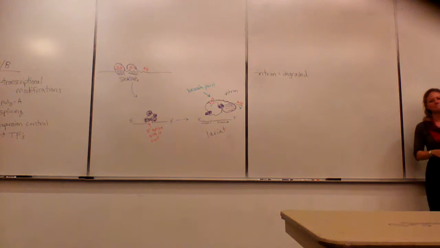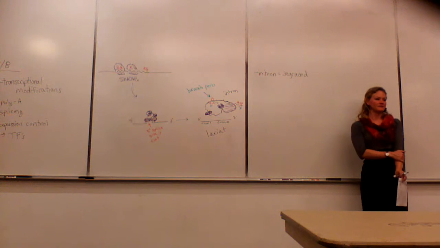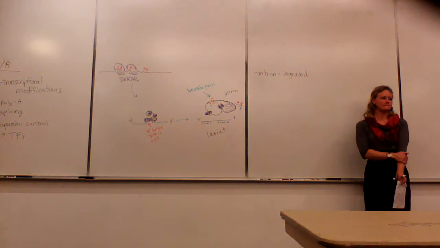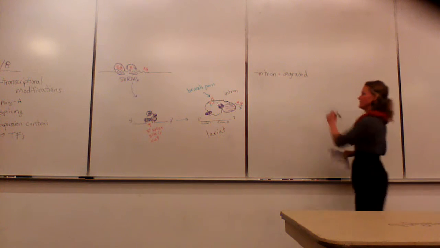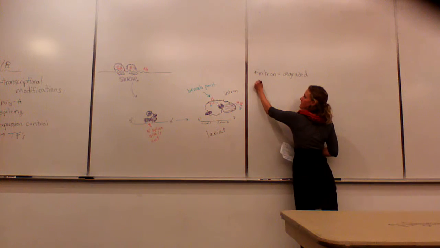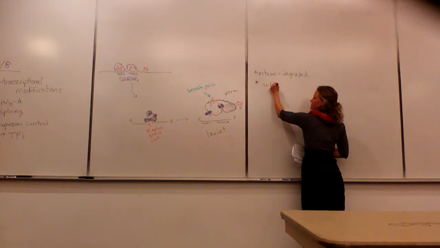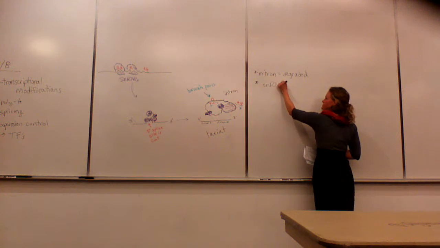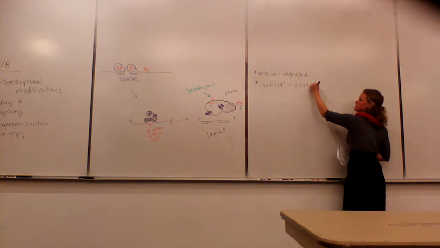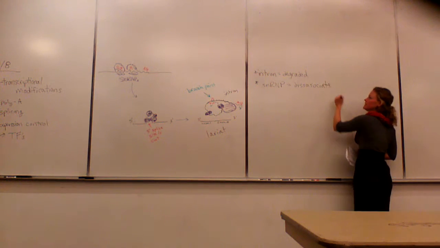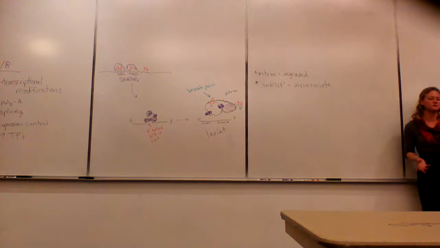And the snRNPs, those are degraded as well? No, they can be recycled. They disassociate. So the intron is degraded, and your small nuclear ribonucleoproteins disassociate and can be used at a different splice site.